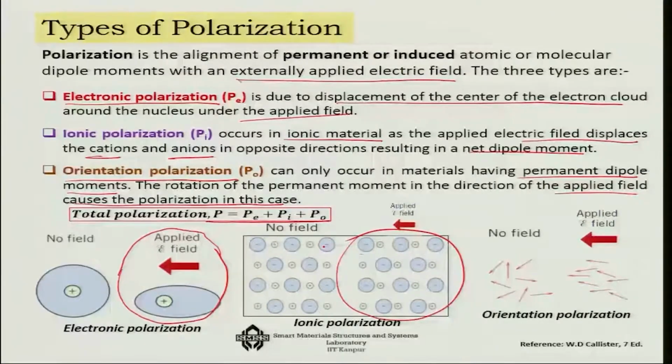And for the orientation polarization, where you have randomly oriented dipoles, the moment you apply the field, all of them approximately align themselves towards the direction of the applied field. That is the orientation polarization.